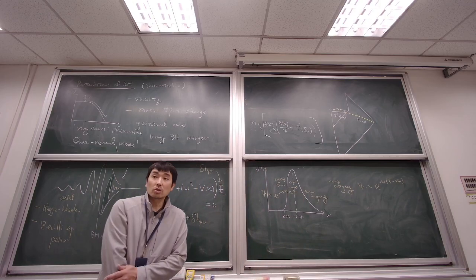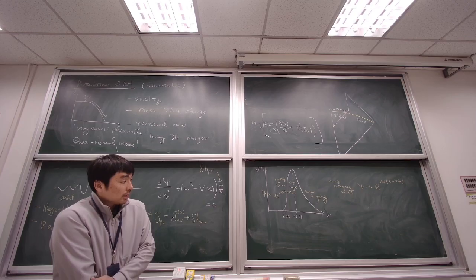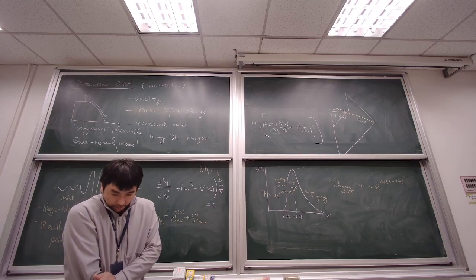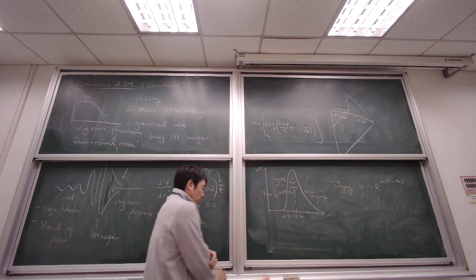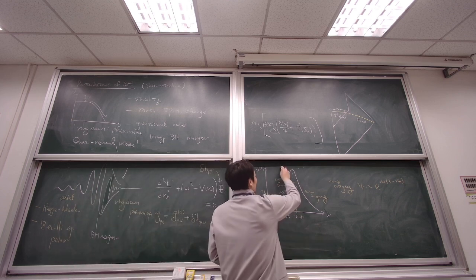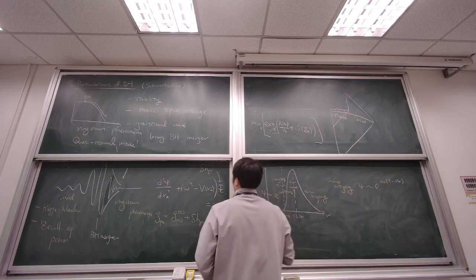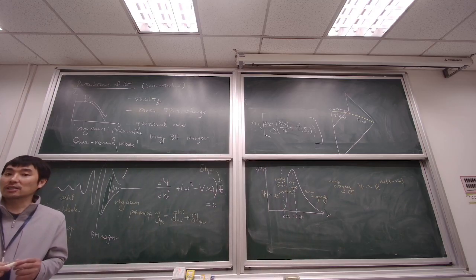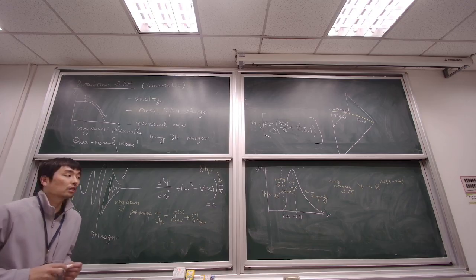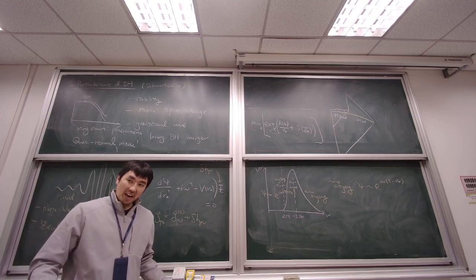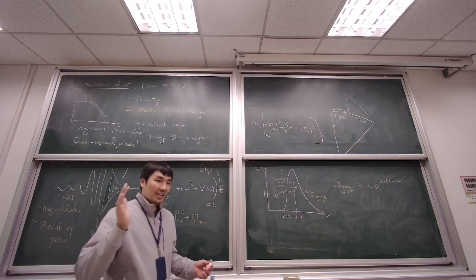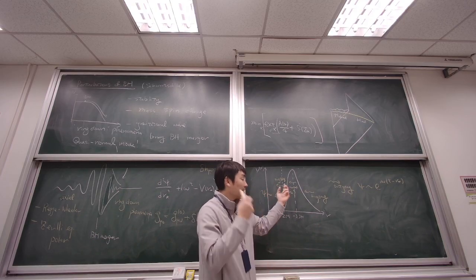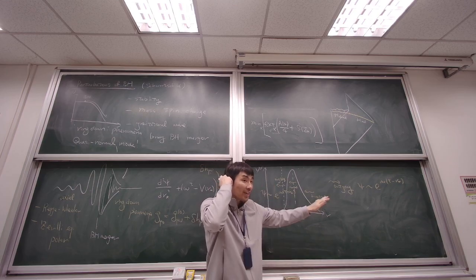R star is the tortoise coordinate at the horizon. And this psi is a perturbation of the metric, so therefore it can be understood as a gravitational wave. Even a gravitational wave can only enter the horizon, but you cannot go outside.